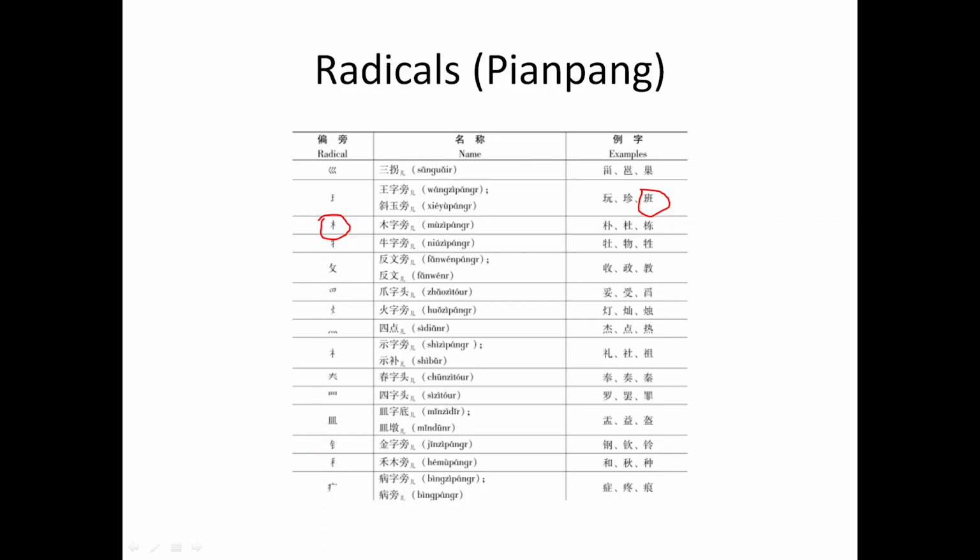The character is called mu or wood. As a radical, it's called 木字旁 or wooden part. It's a very common radical in Chinese characters, many of which are related to wood.